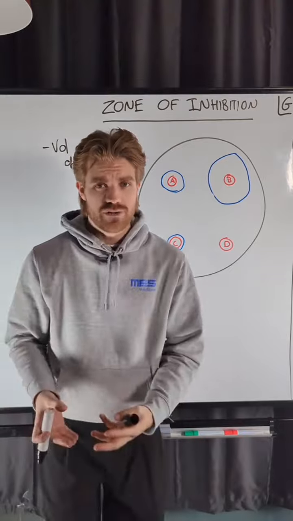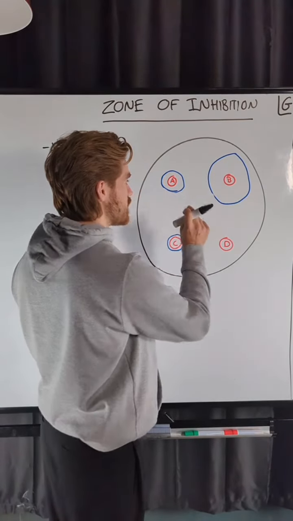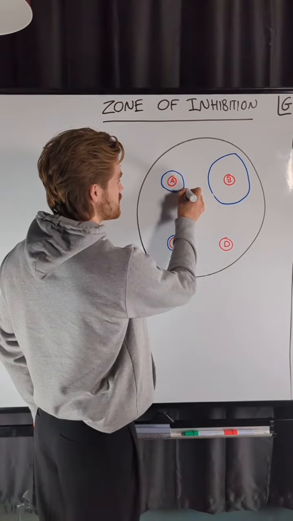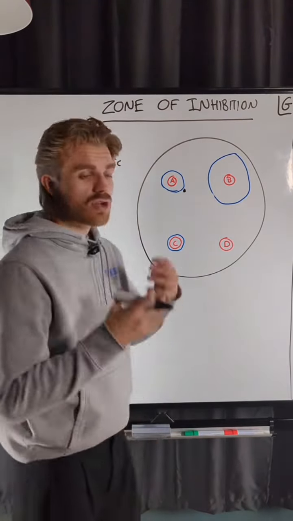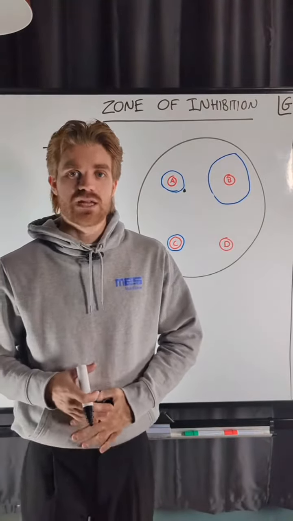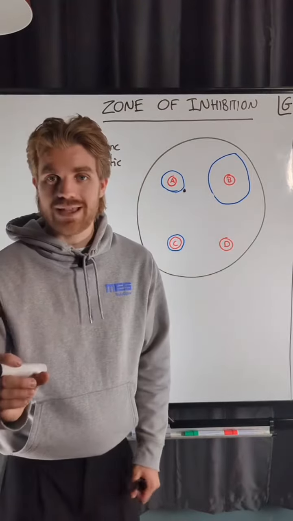Now, the concentration of antibiotic is going to decrease the further away from the disc you get. So, for example, A here, anything past this point here, the concentration of the antibiotic is so low that it's unable to kill the bacteria. From this point inwards, the antibiotic is effective.